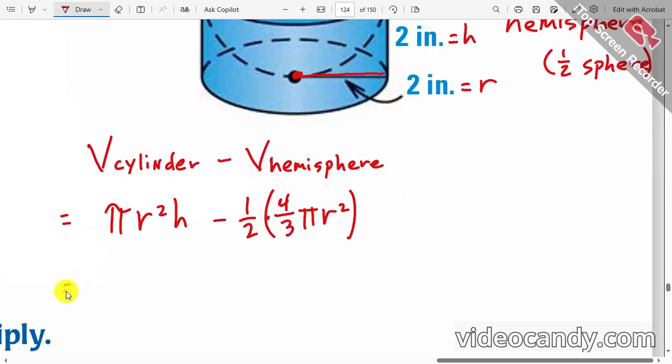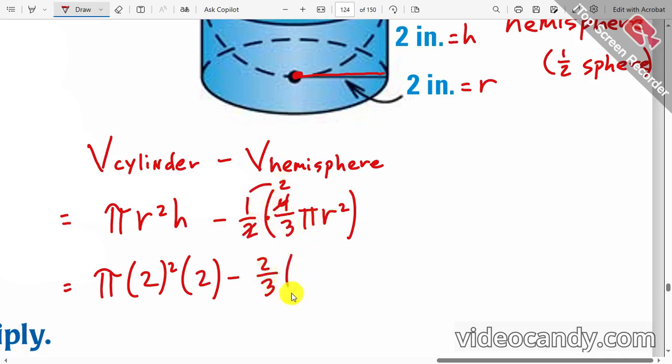We can plug in. This is just pi. R squared is going to be 2 squared. And the height h is also times 2. 1/2 times 4/3. Let's get that out of the way. We're multiplying fractions. 4 divided by 2 is just 2. And we're left with 1 times 2/3. So we have 2/3 here.